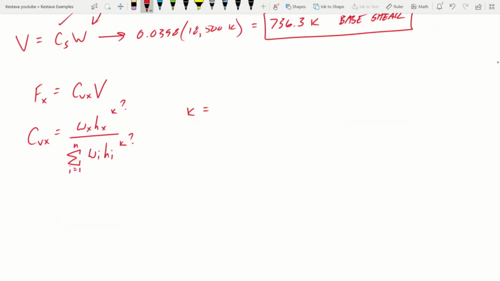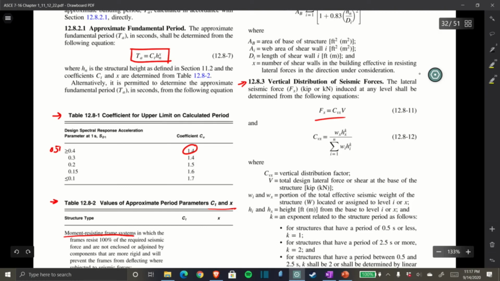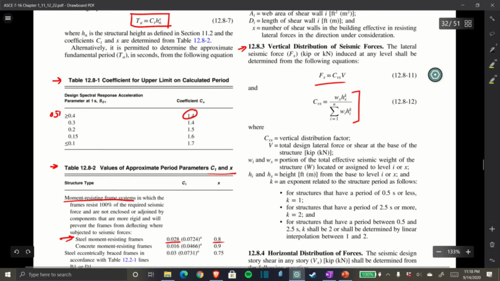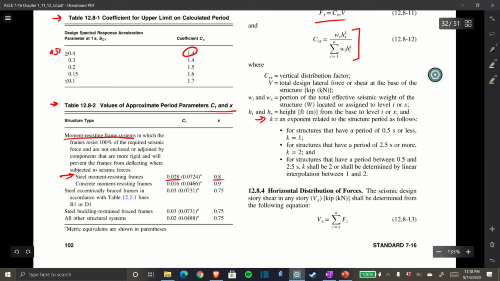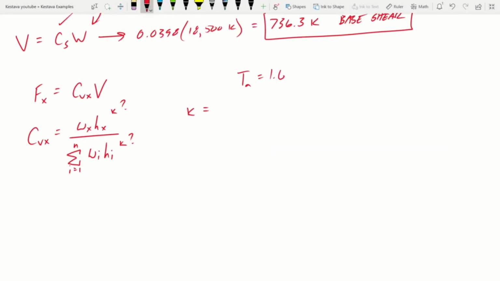So for k, let's go jump over to the code and we're going to head over to 12.8.3. So we took down that first equation, took down the second equation, and now we're looking for k, which is down here, based on this criteria. So like I said, for periods of 0.5 s or less, k equals 1. For periods of 2.5 s or more, k equals 2. And anything in between, you interpolate. T sub a, our period, is 1.6 seconds.